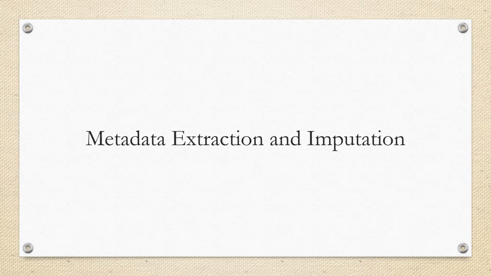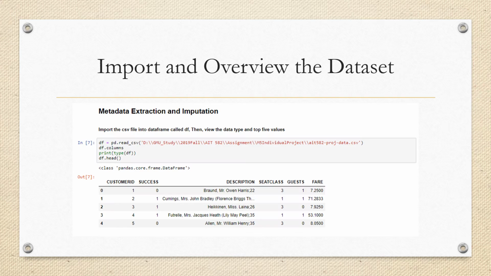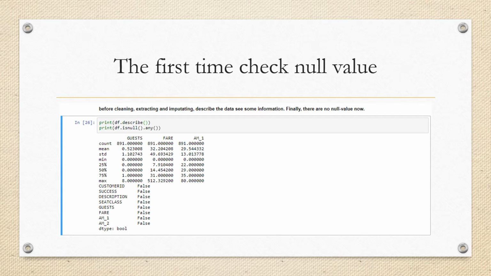The next step is metadata extraction and imputation. Now we import the CSV file again to get an overview of the data. We use the isnull function to check if there is any null value in this data, and actually, in the beginning, there is no null value.